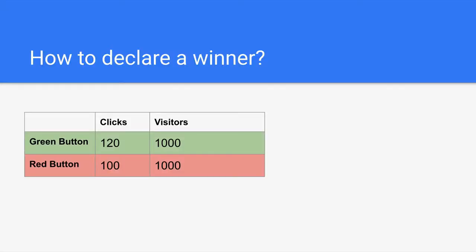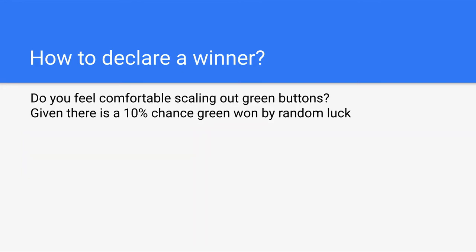Let's go back to our green versus red example. If we calculate statistical significance and it turns out to be 90% and the p-value is 10%, the question you need to ask yourself is, am I comfortable scaling out the green button broadly instead of the red button, given that there is a 10% chance that the green button's superior performance may just be random luck?